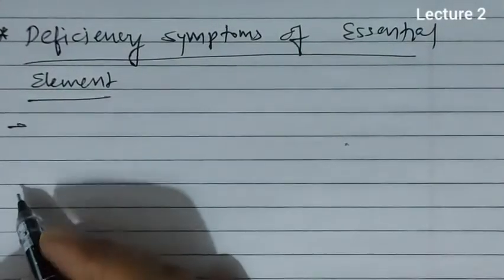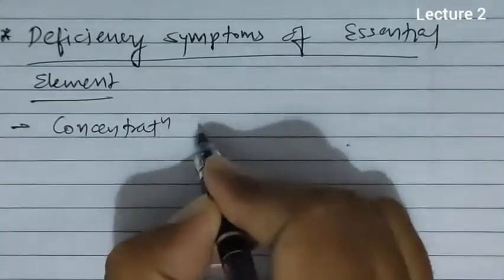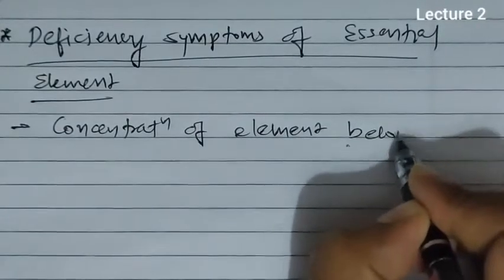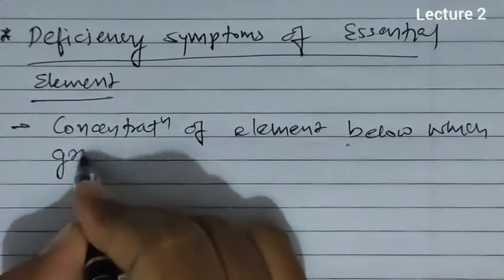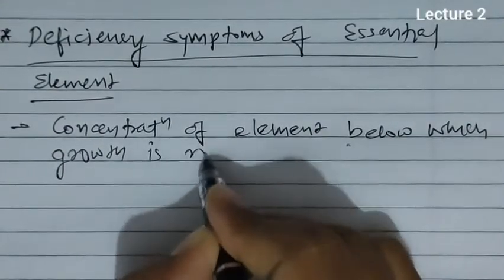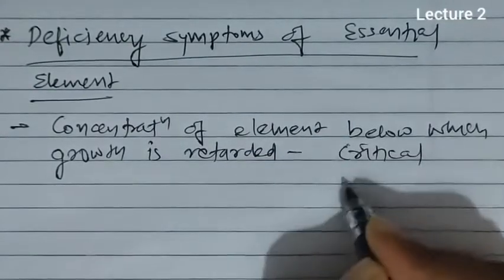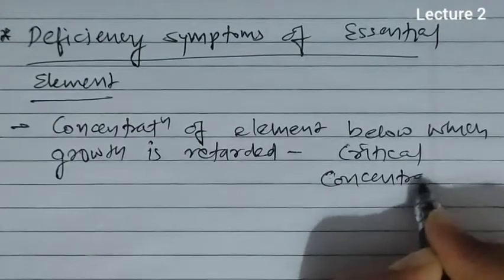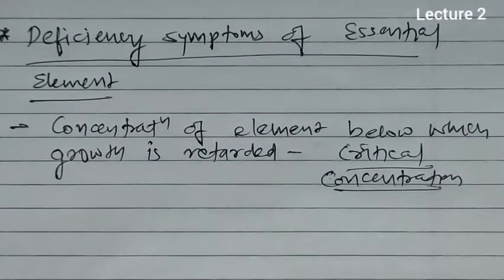First you should understand that the concentration of an element below which growth is retarded is known as the critical concentration. It is the critical concentration for the growth of the plant, because below it the growth is going to decline or reduce.